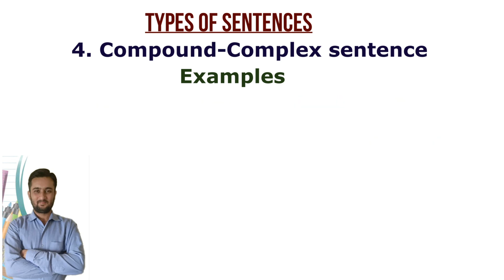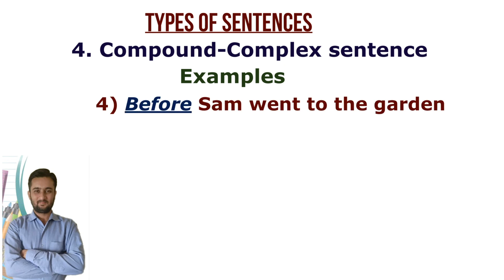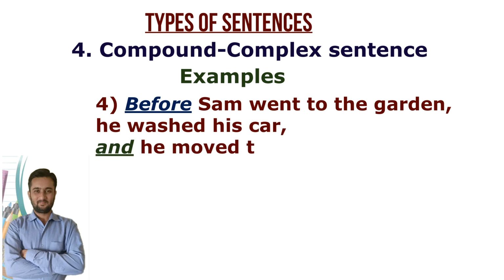Fourth example is before Sam went to the garden, he washed his car and he mowed the grass. Here also three sentences. First one, Sam went to the garden. The second one is he washed his car, and third one is he mowed the grass.